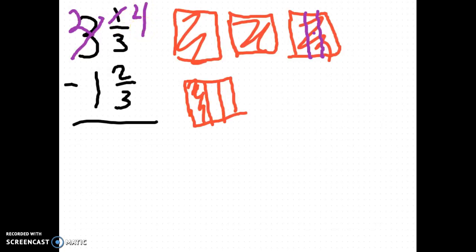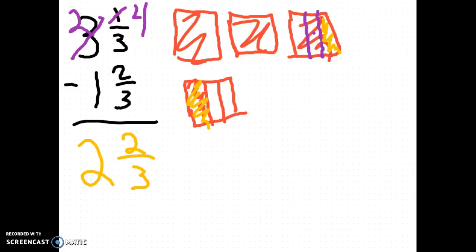Now we can subtract. If we have 4 thirds, we can take away 2 of them. So we take away 1, take away 2, and we're left with 2 thirds and 2 whole. So our answer would be 2 2/3.